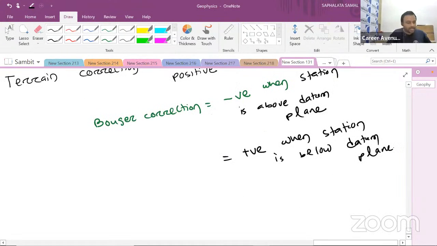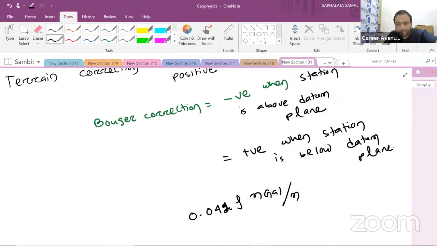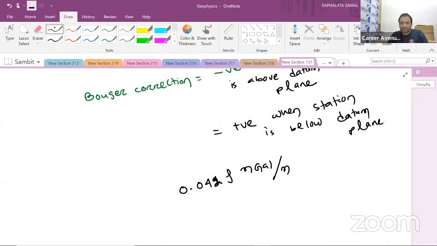This is the Bouguer correction, and there is a formula for it. The Bouguer correction formula is given by 0.042 into the density of the mass present between the station and the datum plane, in milligal per meter.